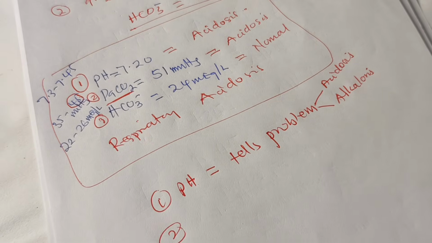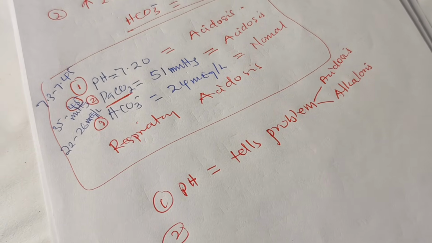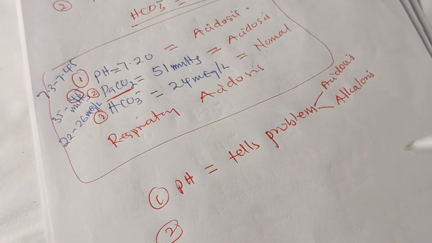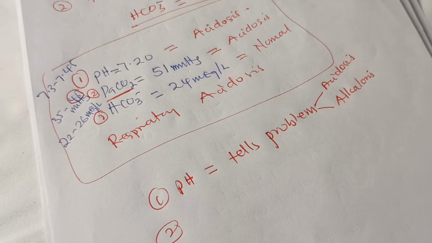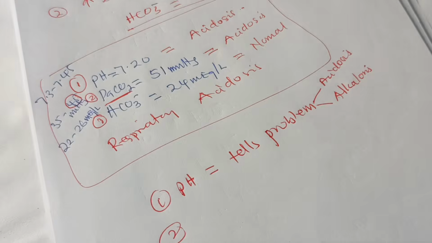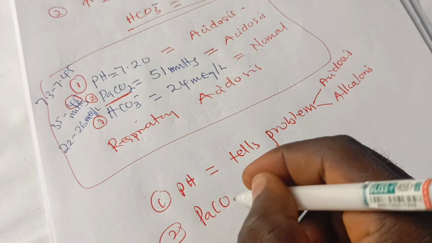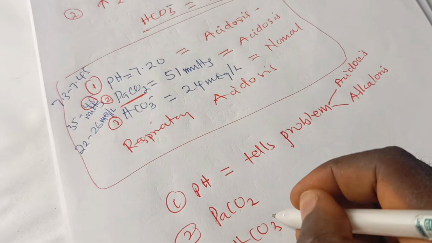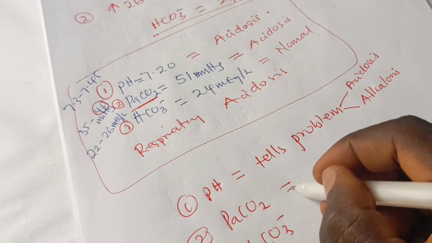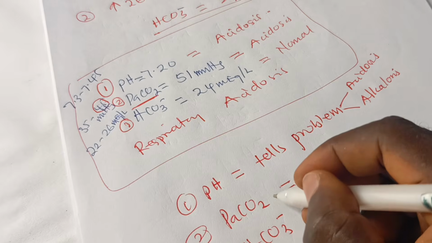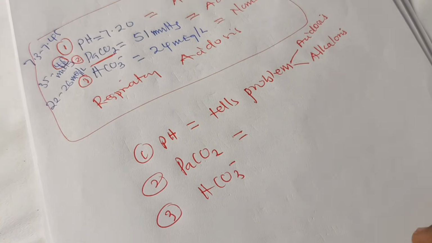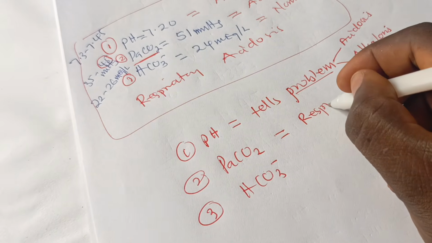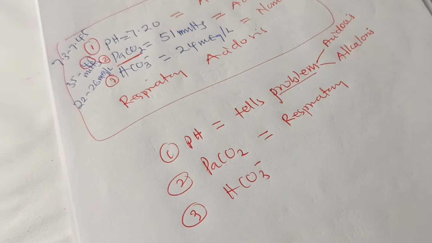Two, you go and look for where the source is coming from. What is the source of either the acidosis or the alkalosis you've gotten? And that one, you go and interpret the partial pressure of carbon dioxide and then the bicarbonate. If this one is abnormal, then the problem is from respiratory origin.